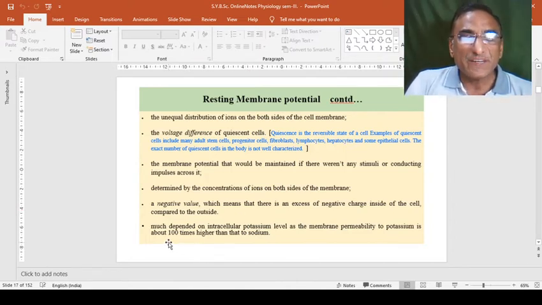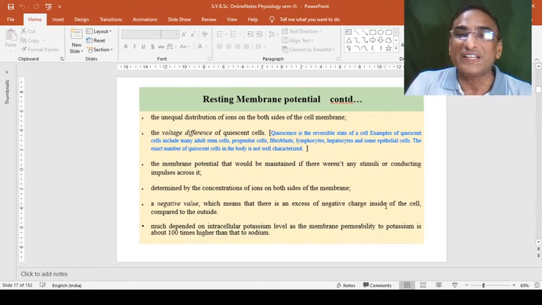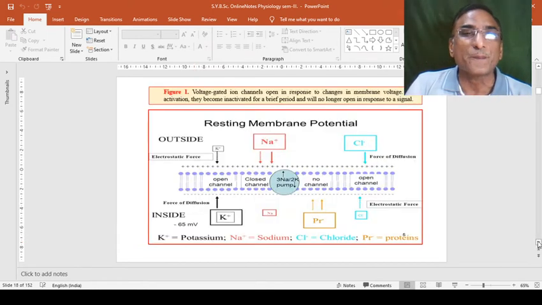Much depends on intracellular potassium. Intracellular potassium level is very important, and this level is maintained as the membrane permeability to potassium ions is generally about 100 times higher than that of sodium, and therefore potassium plays a very important role in maintaining the resting membrane potential.